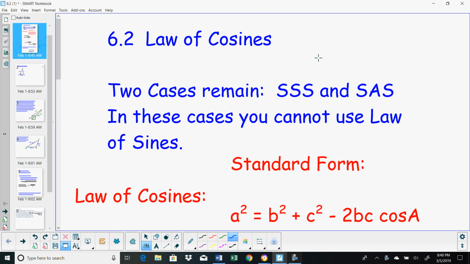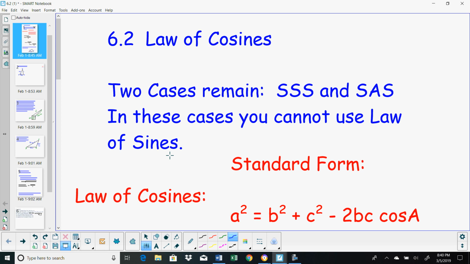We are looking at section 6.2, Law of Cosines. So we talked about the fact that there's four different cases: SSA, SSS, SAS, and so on. And there are two cases remaining, the SSS case and the SAS case.